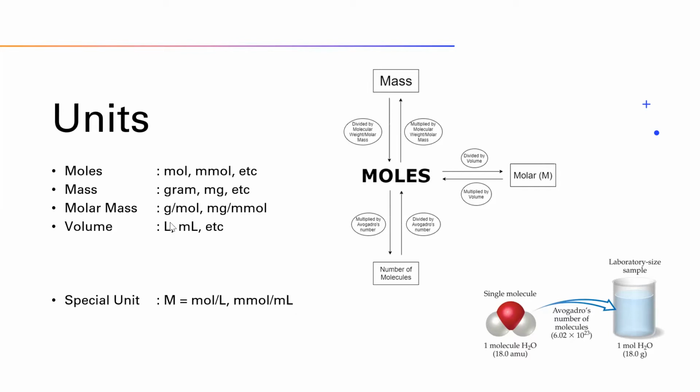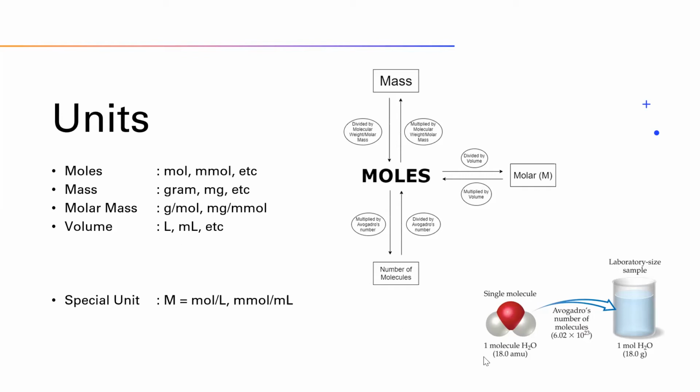When the volume is in liter, it means you will get mole. But when the volume is in milliliters, it means you will get millimole. This is very important for you, so please don't forget the units.